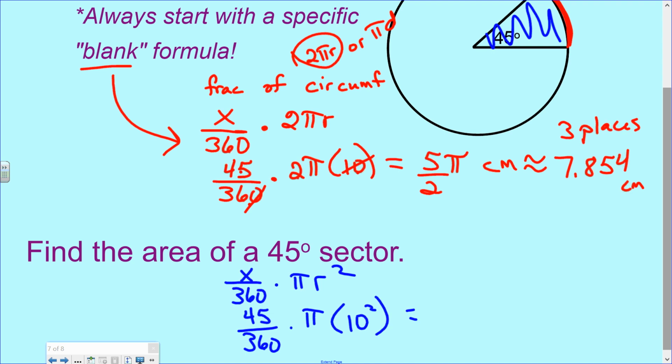So I have 1/8 times 100, so 100/8 times pi, and I can reduce that to 25/2 times pi centimeters squared. That's my simplified pi answer.